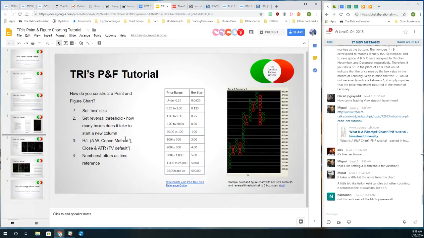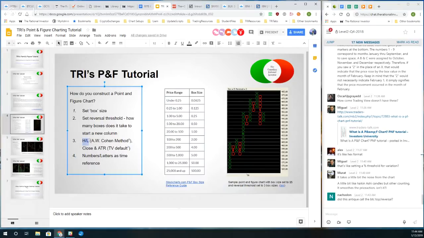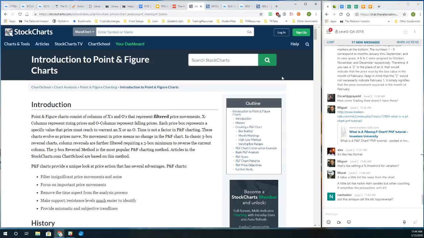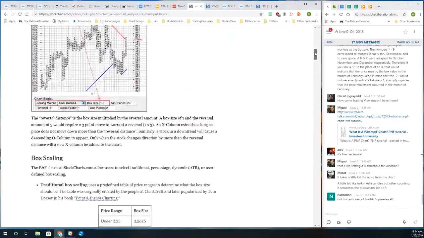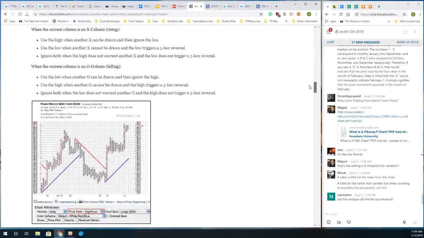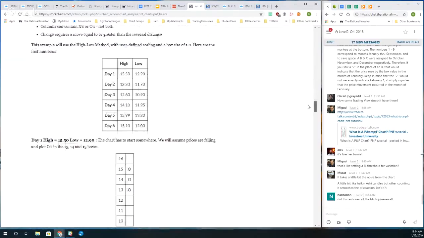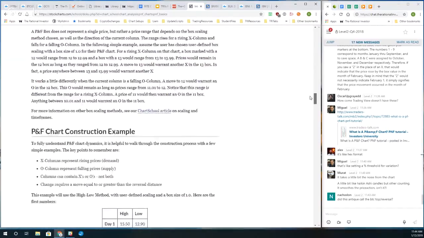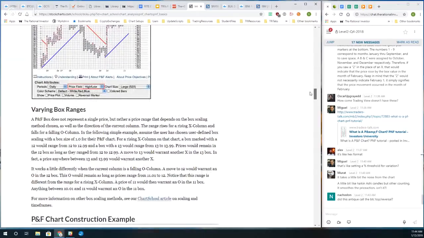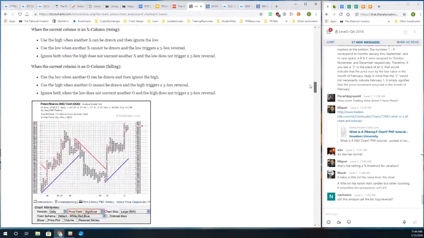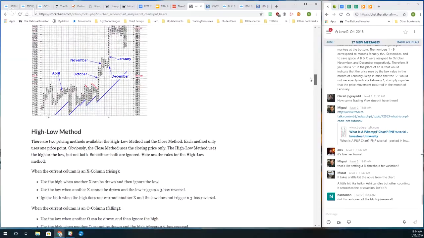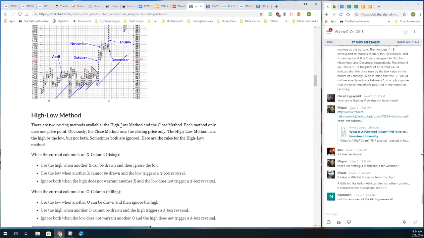The next topic I want to talk to you about, again, I'm not going to get into the specifics about how the high-low method is calculated. If you want to go into how it was developed, there was a gentleman who lived, I think his name was Hoyle.